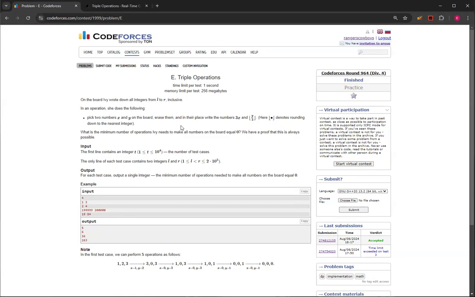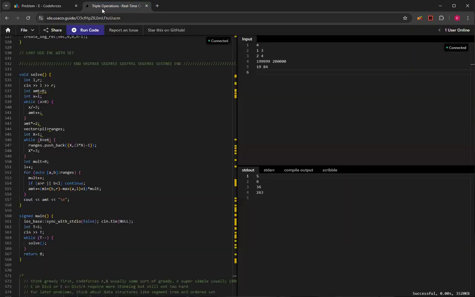And the key thing is that looping through all test cases and going through each number will be too slow, since it's only a 1 second time limit per test. So you pretty much have to think of an optimization.